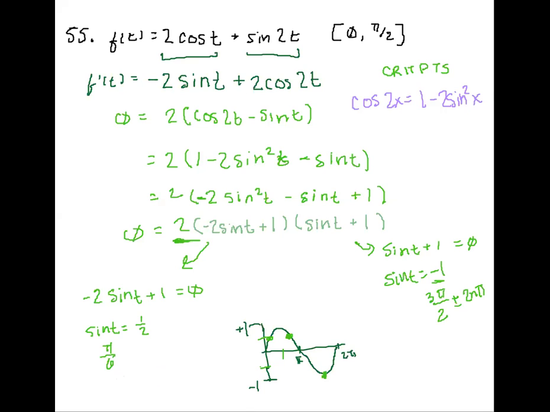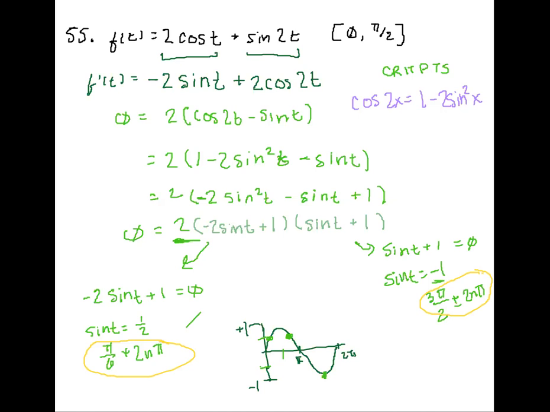I'm going to go through and circle what we have. Okay. This is what we have right now. There are 2 of the critical points. Sine of t equals 1/2 is going to happen also on the way down.